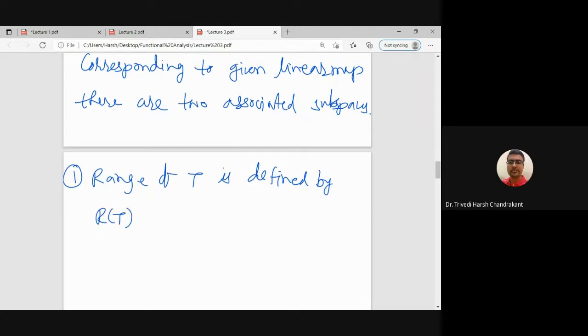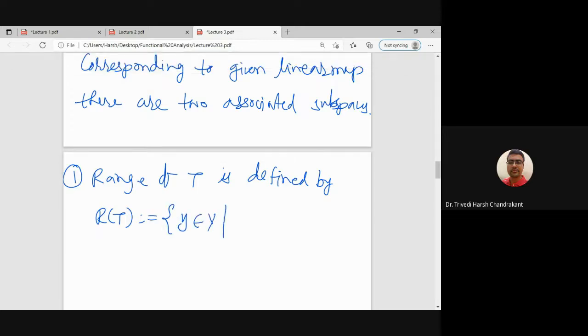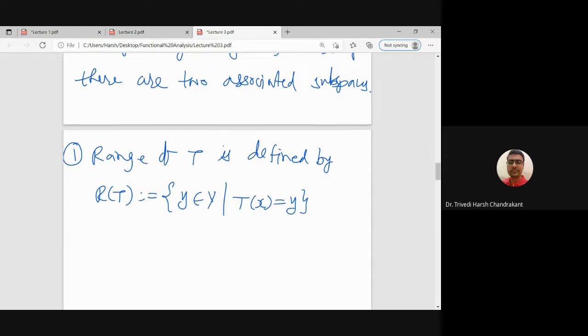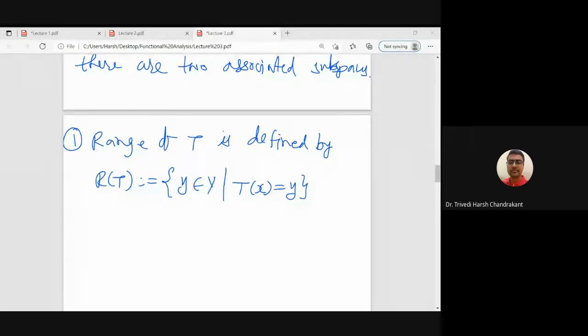So the range of T is all the elements of the codomain such that T(x) = y. So is it clear this is a subspace? Whose subspace will this be, X's or Y's? Range is a subspace of X or Y?